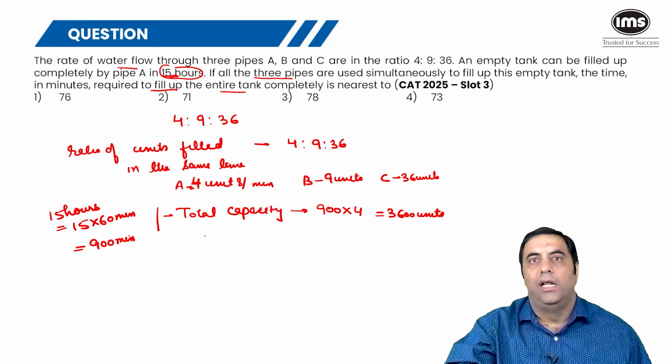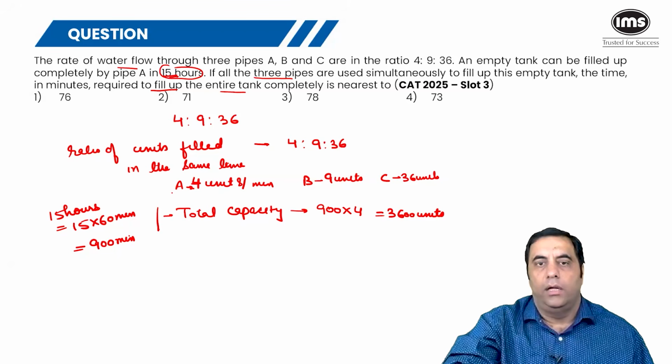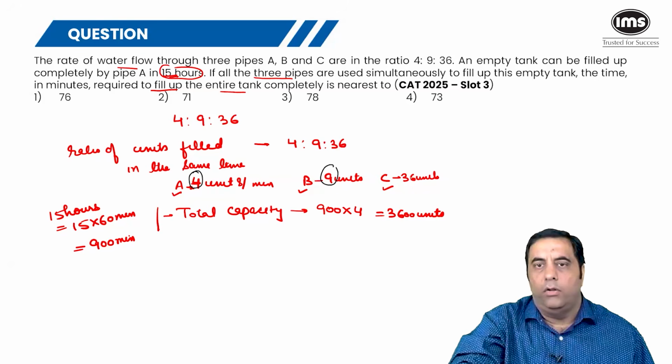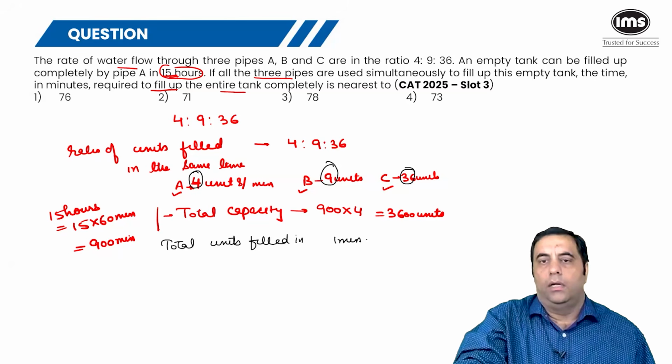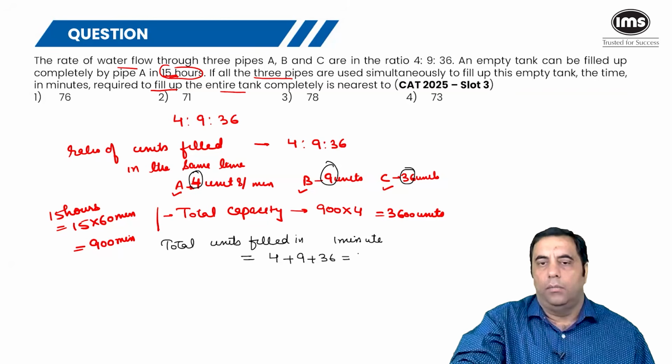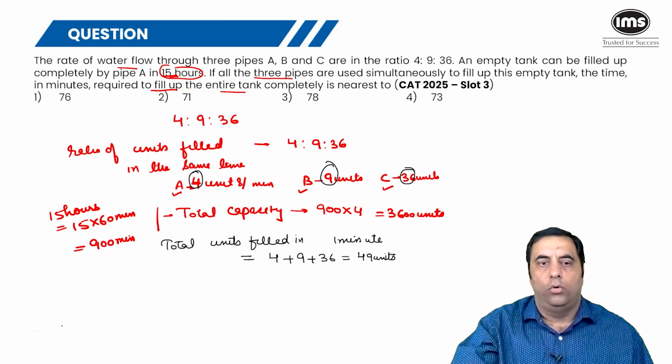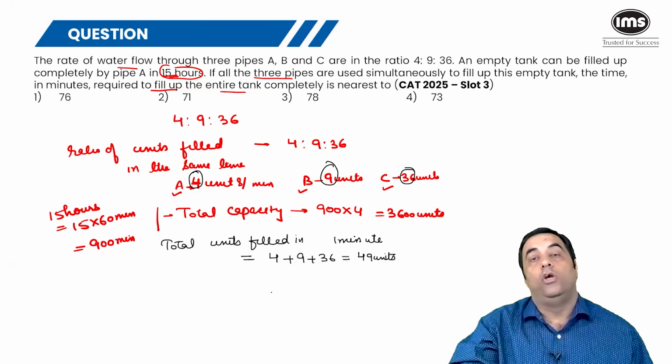If all the three pipes are filling it, A is filling, similarly B is filling, and so is C. Since all three are filling it, A will fill 4 units, B will fill 9 units, and C will fill 36 units. So now I can say total units filled in 1 minute is equal to 4 plus 9 plus 36, which comes out to be 49 units.